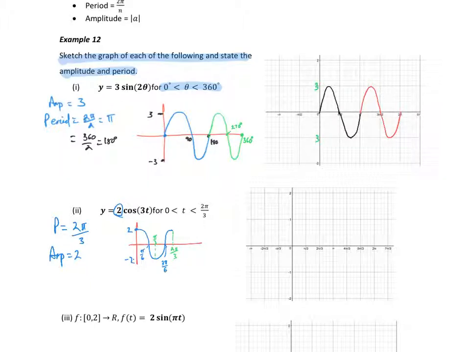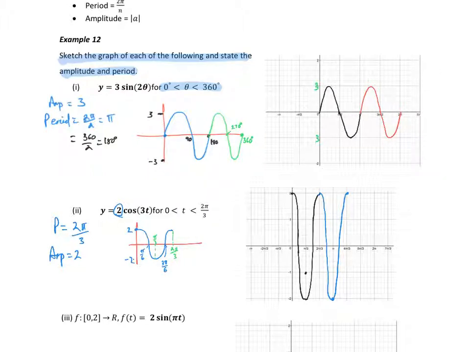For me, the grid's probably a bit tight if I try to do it on the main one. So it starts at 2, and at pi on 3 I'm finished, and then I'm back up here again by 2 pi on 3. So I'm going to go all the way down to -2 and all the way up to there. If I had to repeat it for another 2 pi, I go down, up to there.